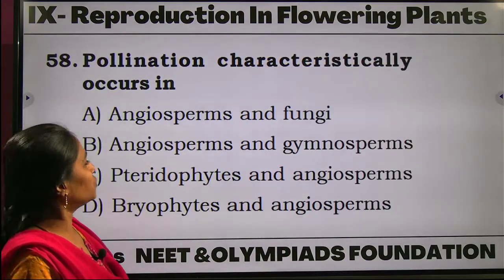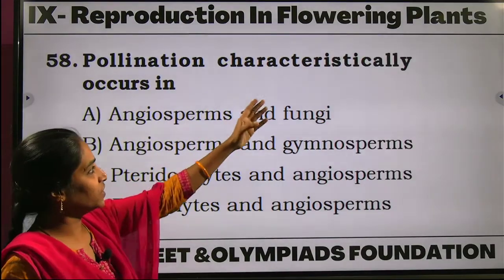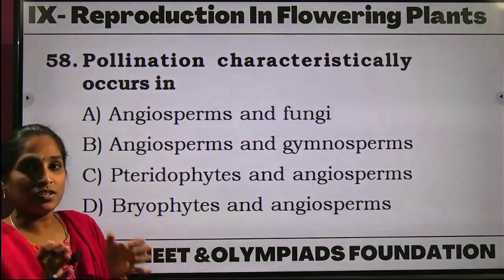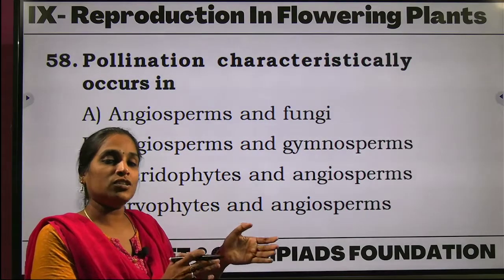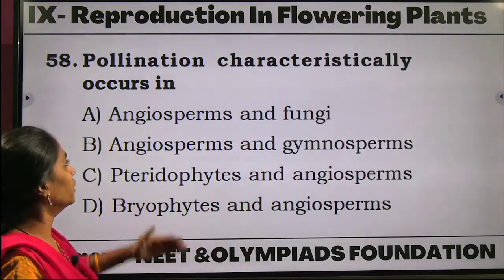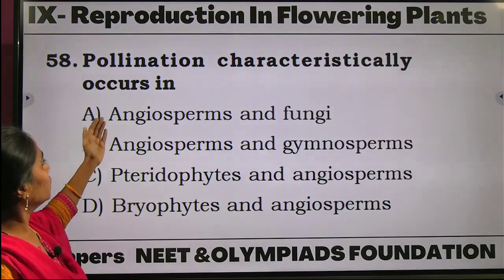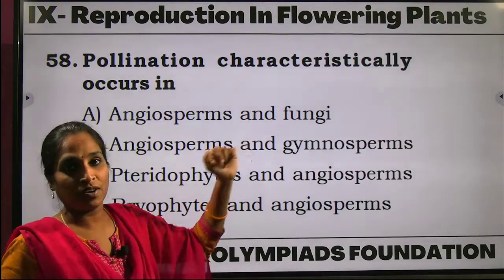Pollination characteristically occurs in which of these options? Pollination here means cross pollination and self pollination. The first option is angiosperms and fungi.